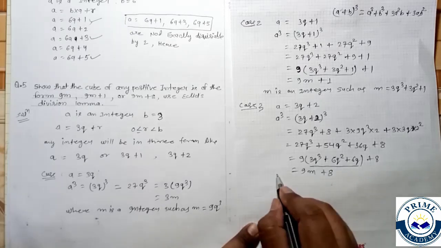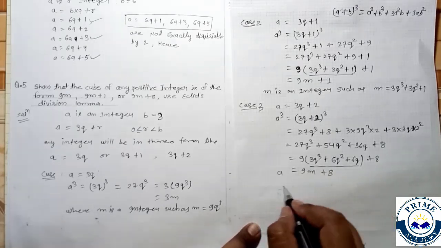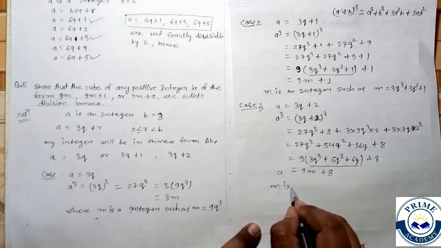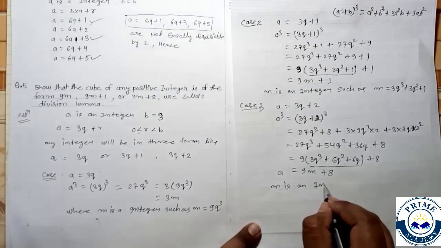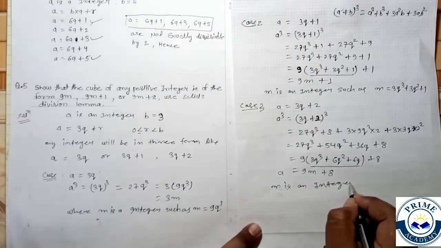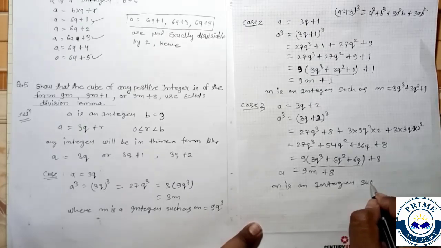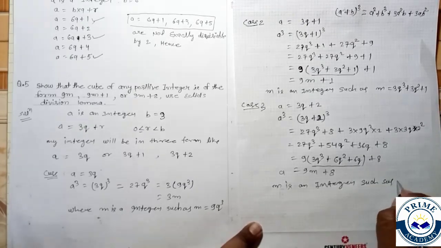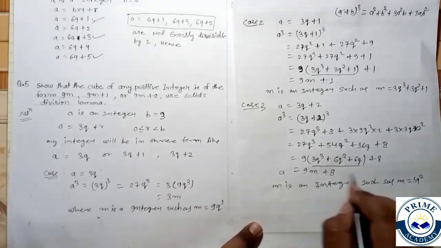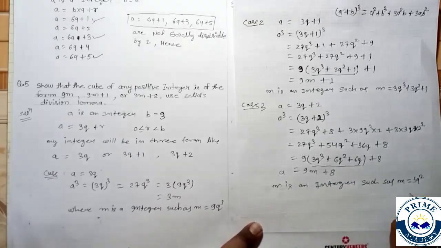Now you will see, where m is an integer, such as m equals 3q cube plus 6q square plus 4q, right? This whole term I have taken as m.